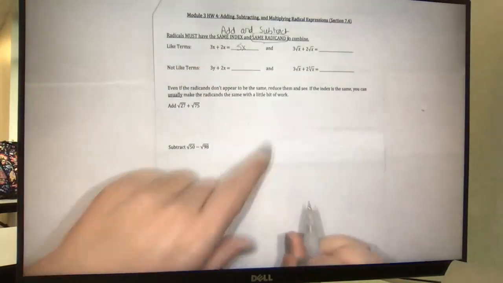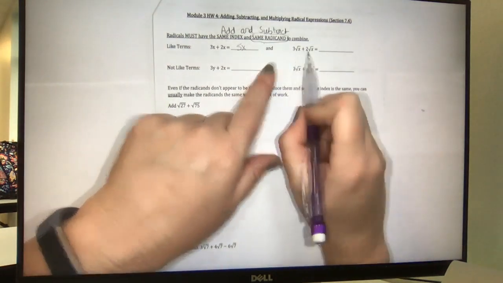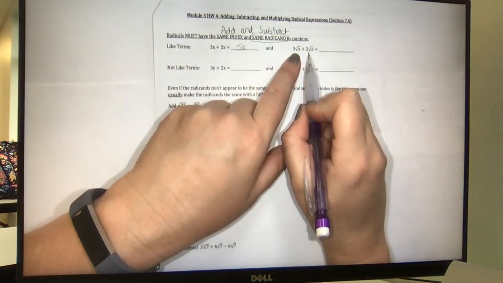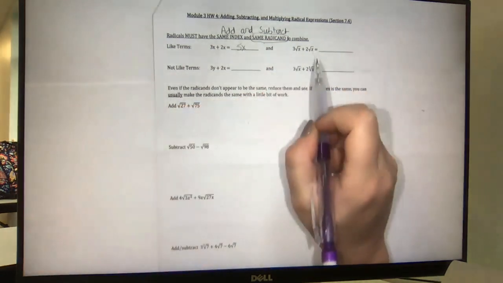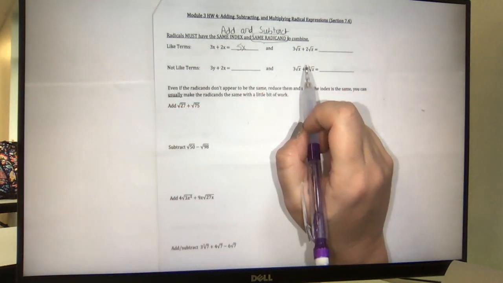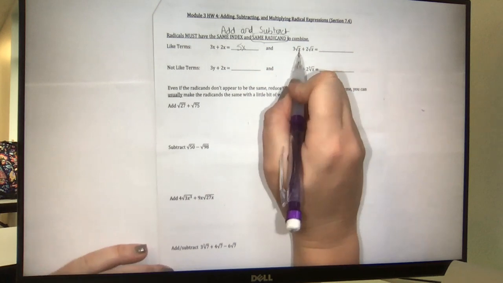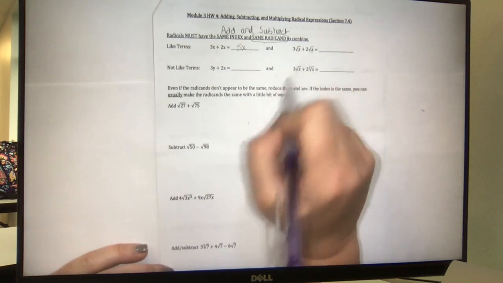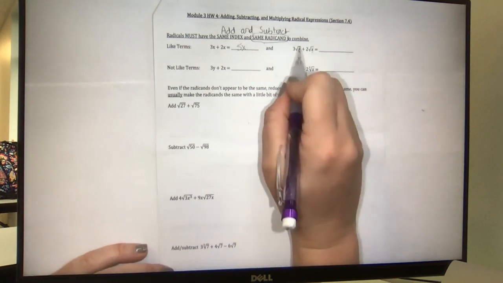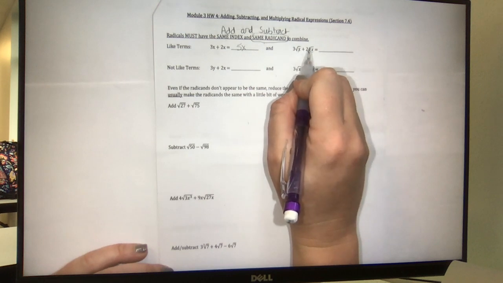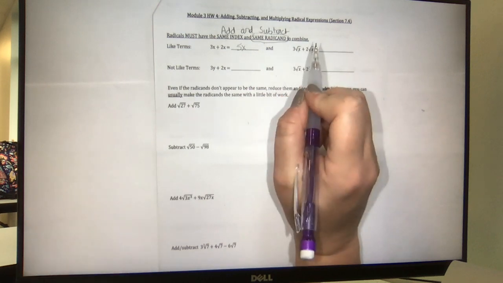All right, look over here. 3 root of x plus 2 root of x. These are also like terms because let's look at what they have in common. They have the same radicand, which is an x. They have the same index, which I don't even see, but I know it's going to be a 2.